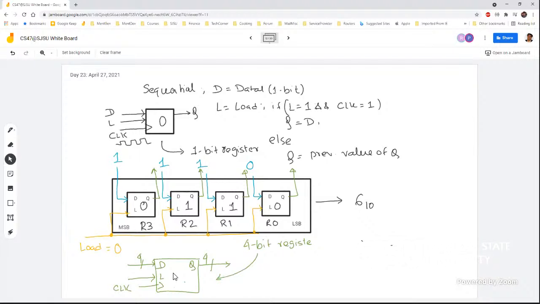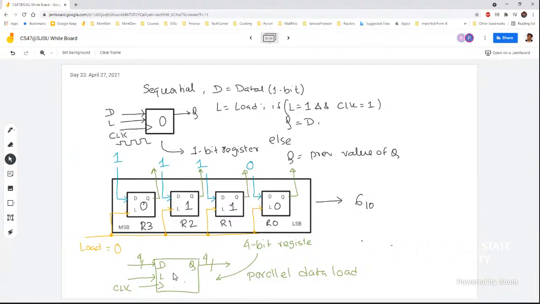Internally, it has 4 individual 1-bit registers, and they are controlled by this load signal together, so it can store the data in parallel. This is parallel in, or parallel data loading.